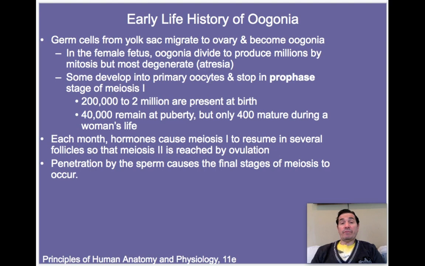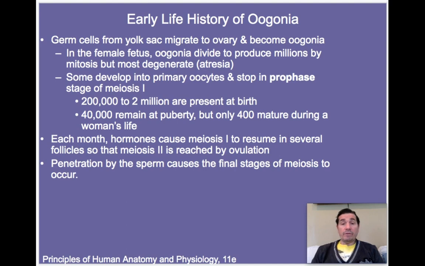And by the time they reach puberty, they may only end up with about 40,000. That's a considerable drop. And they may only have 400 that mature during reproductive life. And of course, once they hit menopause, they stop developing the follicles, typically.